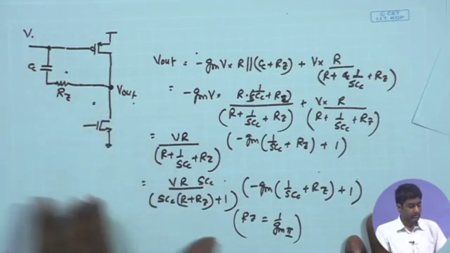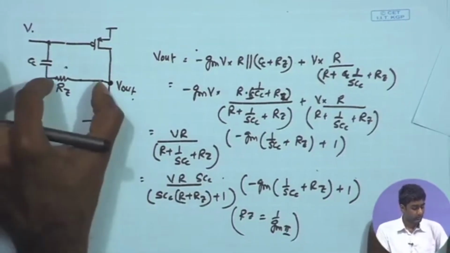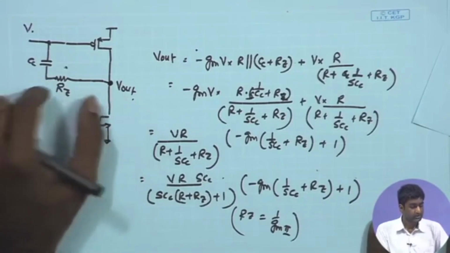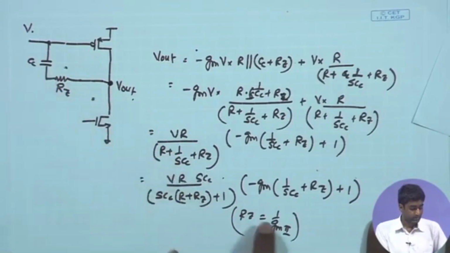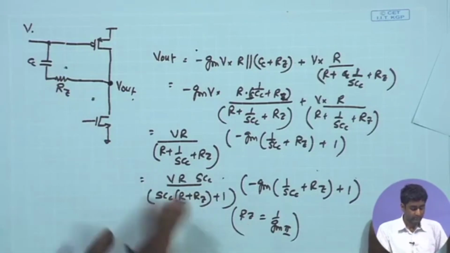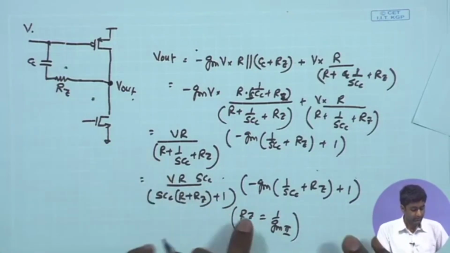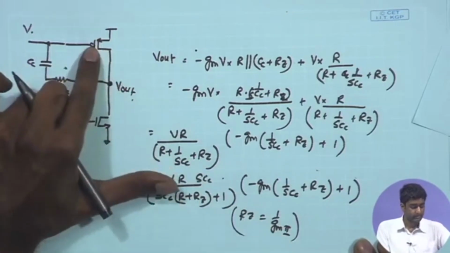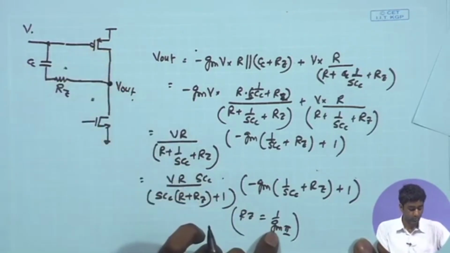Now, the problem here is the value of Rz to be chosen and how robust this combination can be. We know that Rz is a passive element which can be relatively well defined with plus minus 10% accuracy. However, Gm is not a very well defined quantity, it can vary significantly more widely.